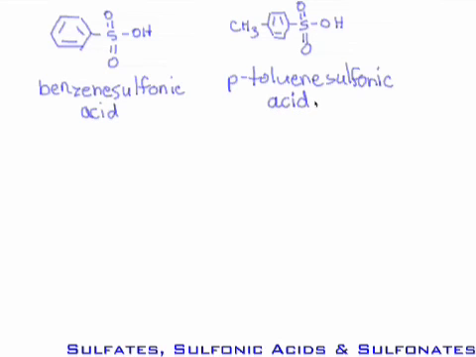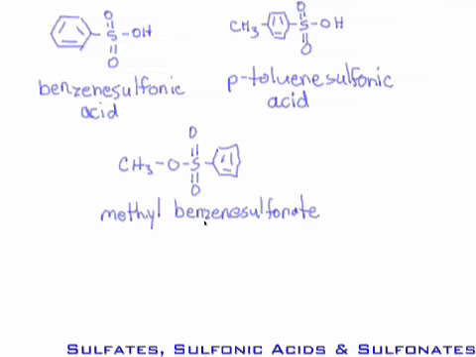So benzene sulfonic acid and para-toluene sulfonic acid. Now what's interesting is these are derivatives. If you do the same thing, replace the H with a methyl group, in the benzene sulfonate case, you have methyl benzene sulfonate.